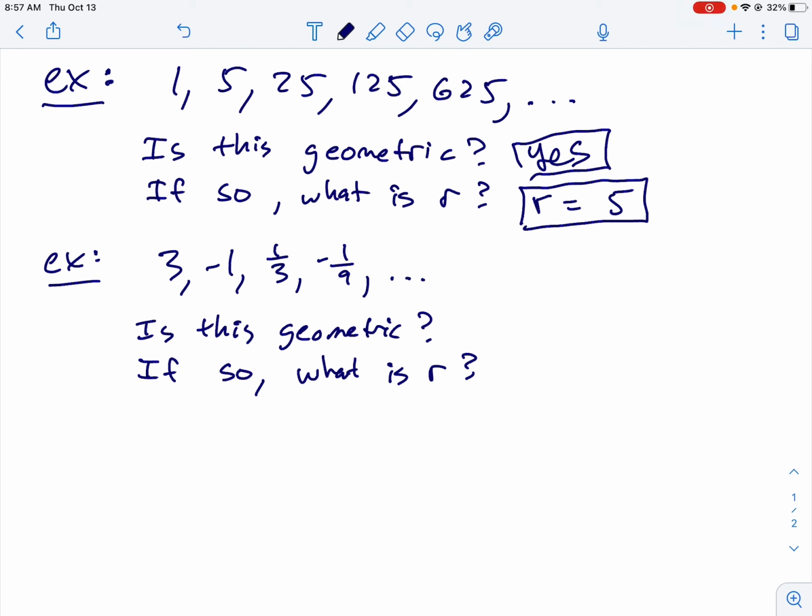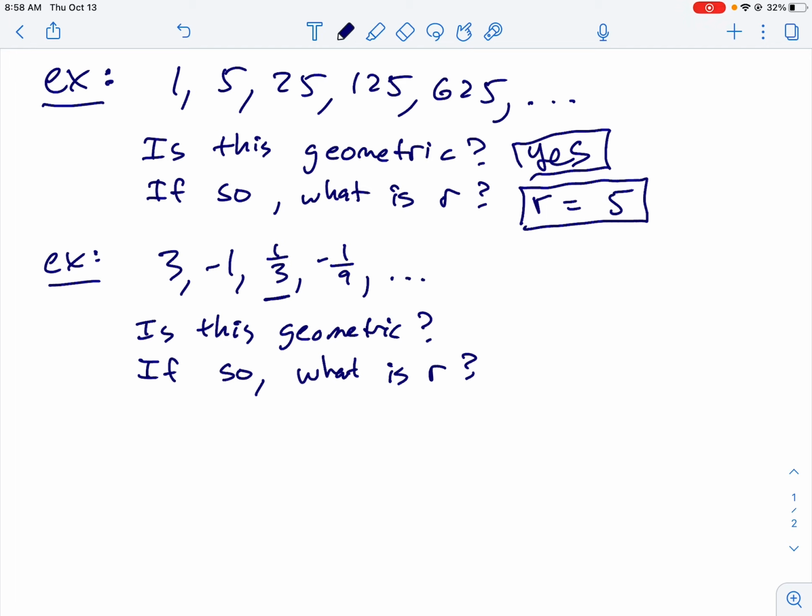So the first way I would check is to take -1 divided by 3, and we get that. Okay? I took this one divided by that one, I got -1/3 if you convert it to a fraction. If this is geometric, no matter which pair I take, so if I go now to this one, what's 1/3 divided by -1?